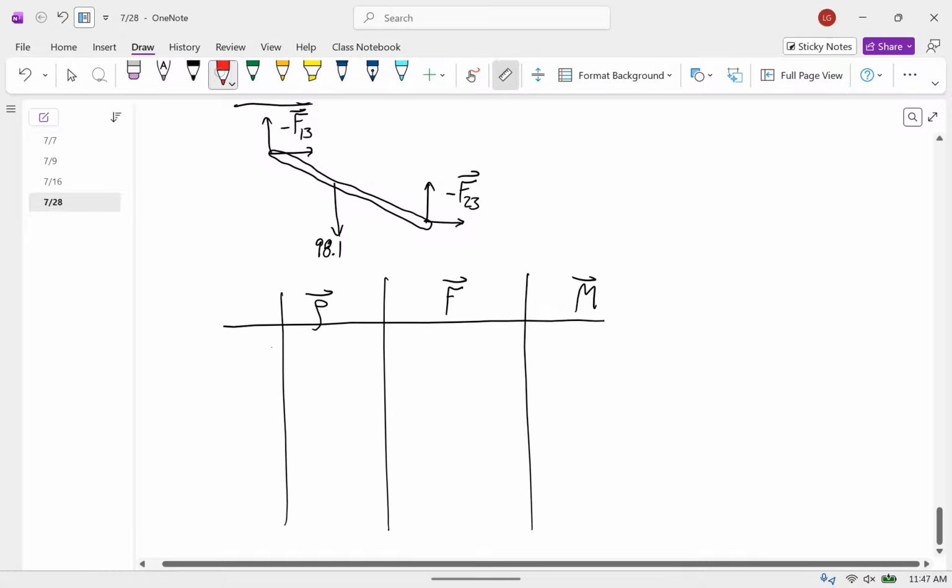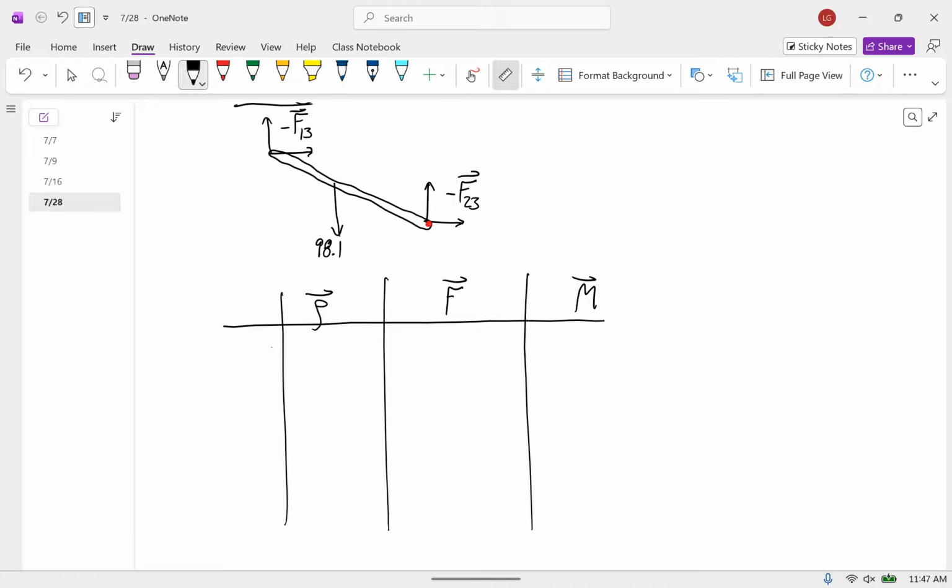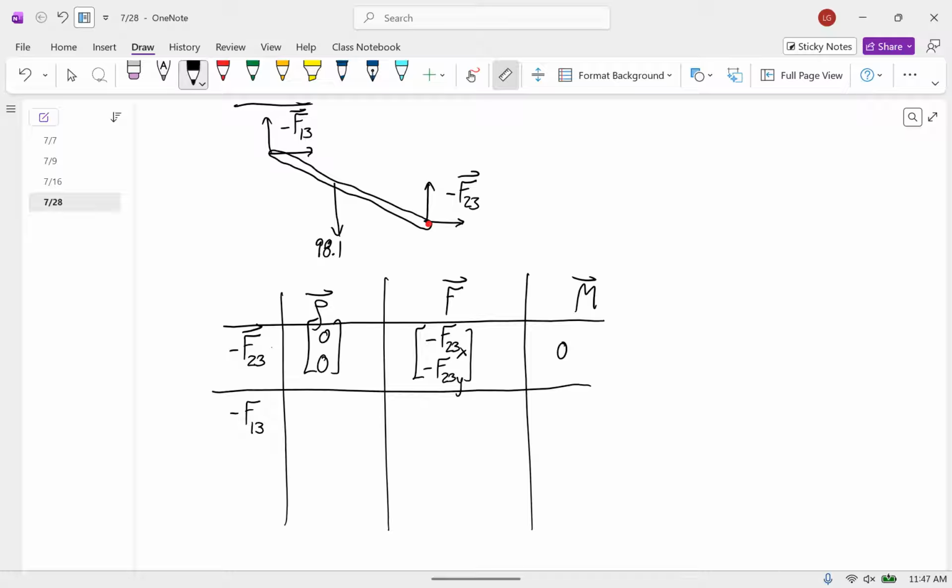Okay, so that's going to be my about point. So first I'll do negative F23. The rho vector is 0. The force vector is negative F23x, negative F23y. Cross product is 0. Then I'll go up to the upper left. So negative F13.